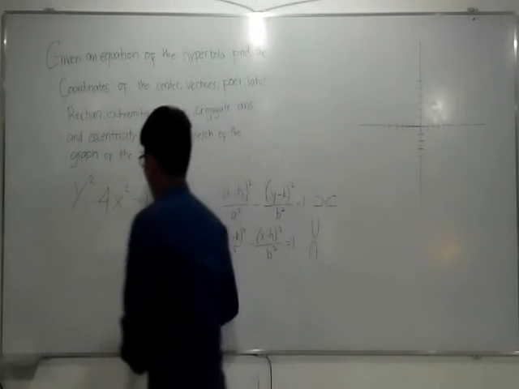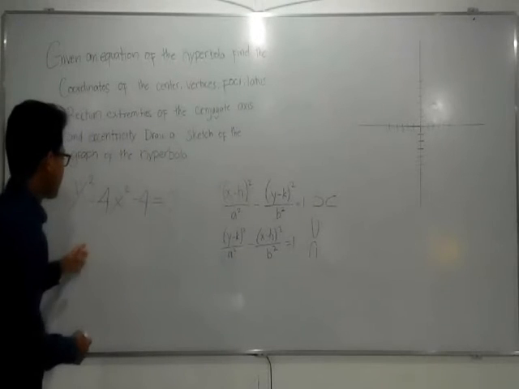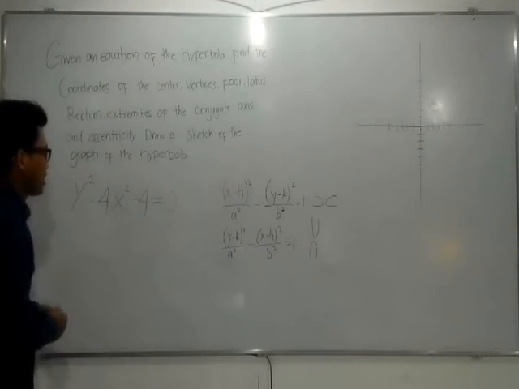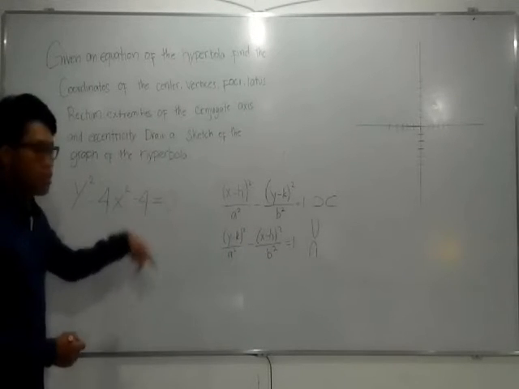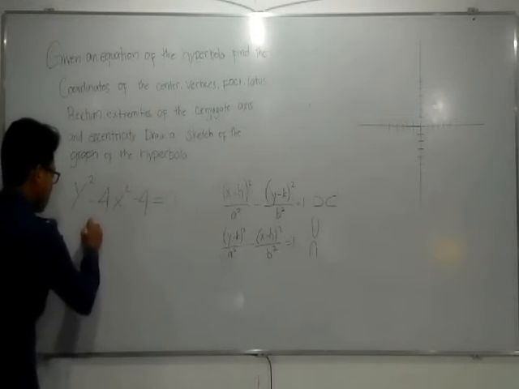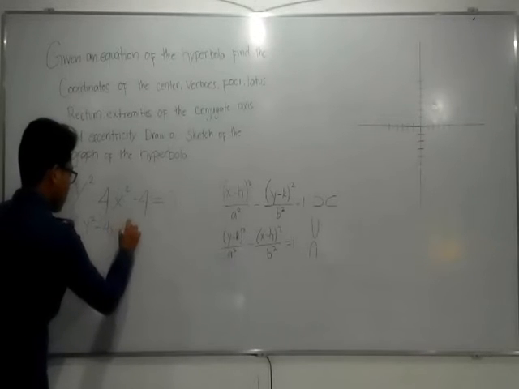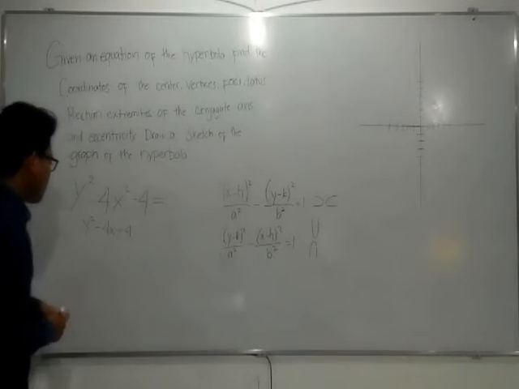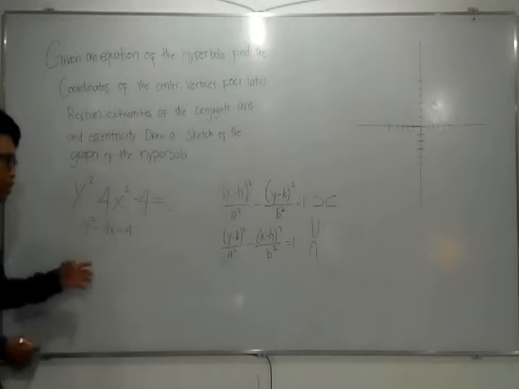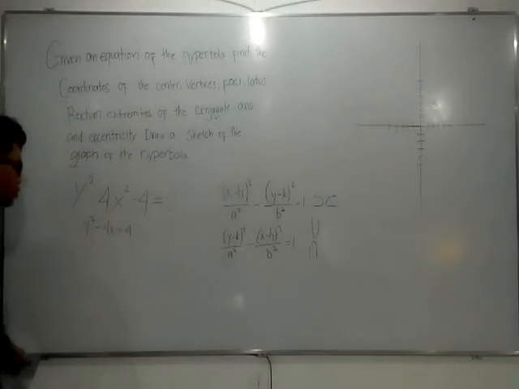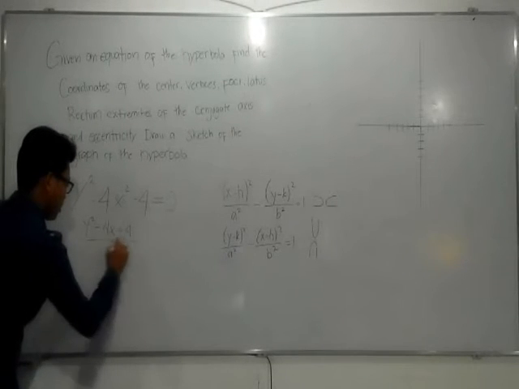Okay, so here we have y squared minus 4x minus 4 equals 0. So let's convert it first. We move the negative 4 to the other side so it becomes positive. So y squared minus 4x equals 4. Now that we have moved it, we need to convert it to one of these standard forms. So we divide by 4 to make it equal to 1.